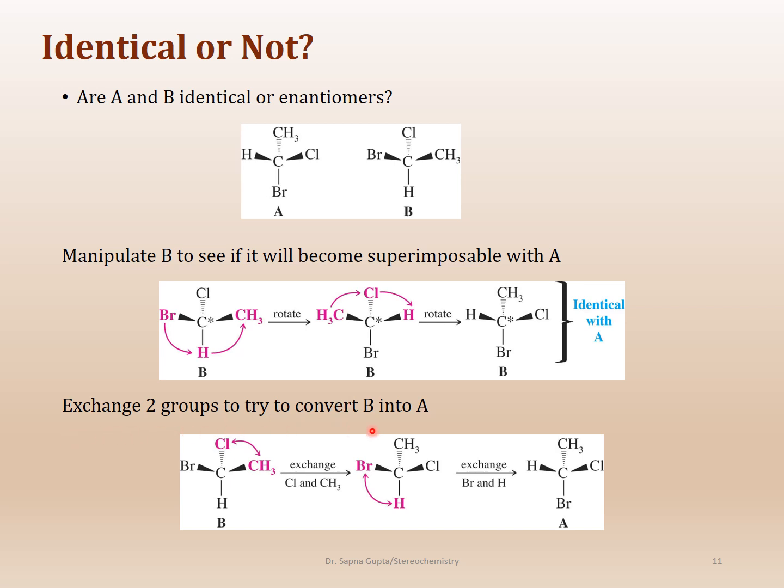So you should not have to break any bond in order to do this. So 2 exchanges will lead it back to the same one, but if you just have the one exchange going on, that means you have an enantiomer, okay? So here what we did is we actually switched the atoms, which means you actually break this bond, put it over here, break this bond, bring it over here, okay? This I think is a little bit more confusing than rotating, okay? Rotating a molecule is a lot easier than breaking it apart.